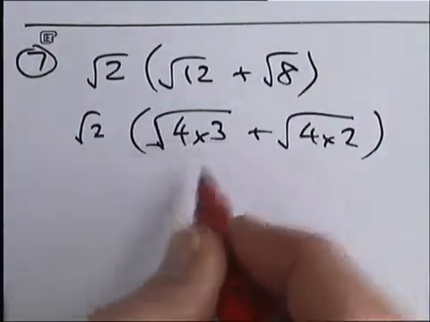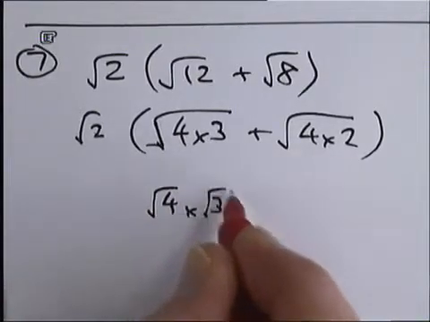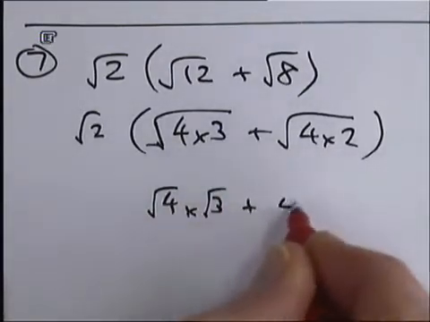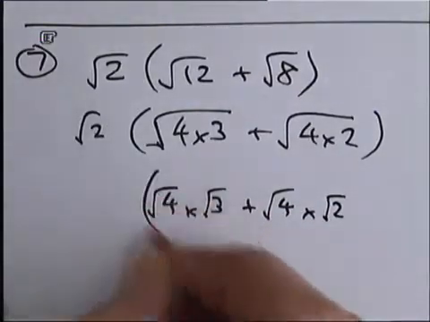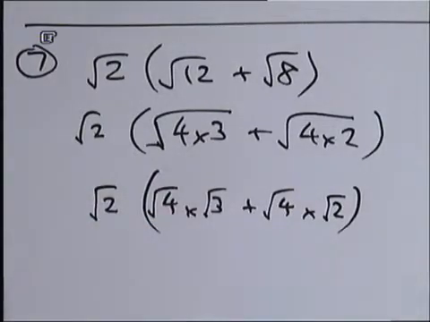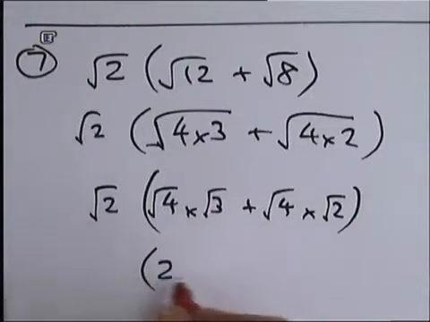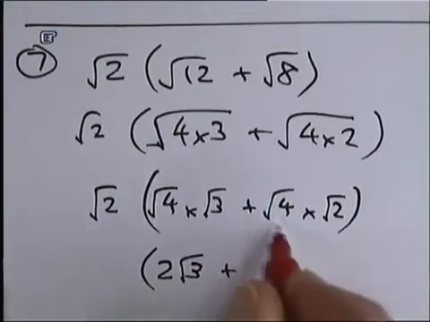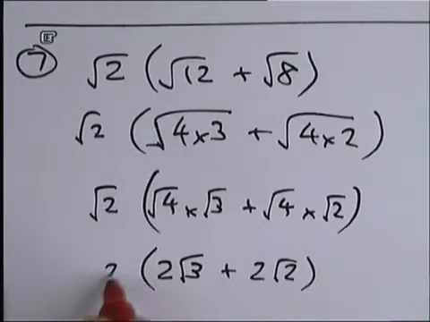The 4 lots of 3, remember, I can change to root 4 times by root 3. And over here, this will be root 4 times by root 2. It's in my bracket, and I've still got my root 2 outside my bracket. So root 4 is 2. So I have 2 lots of root 3 plus 2 lots of root 2. And I've got my root 2 outside my bracket as well.